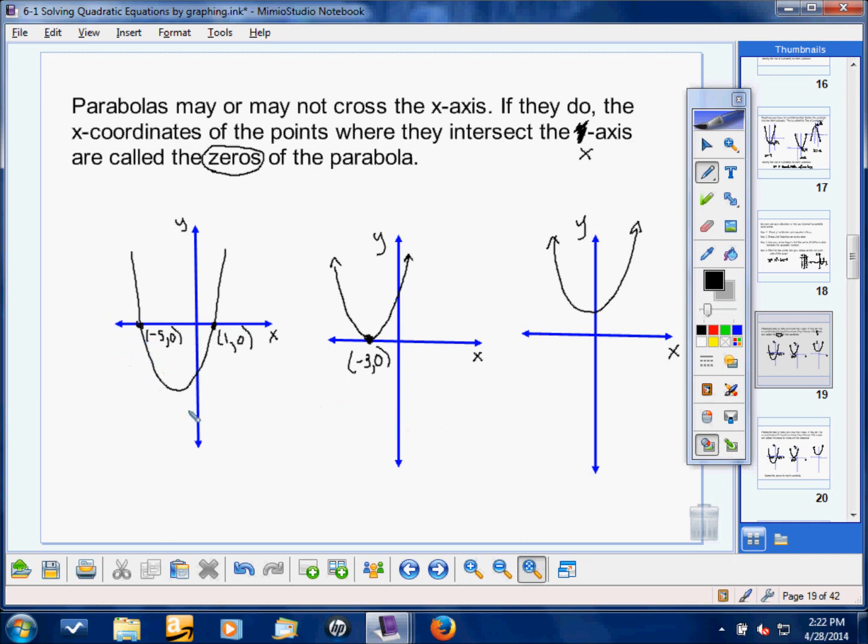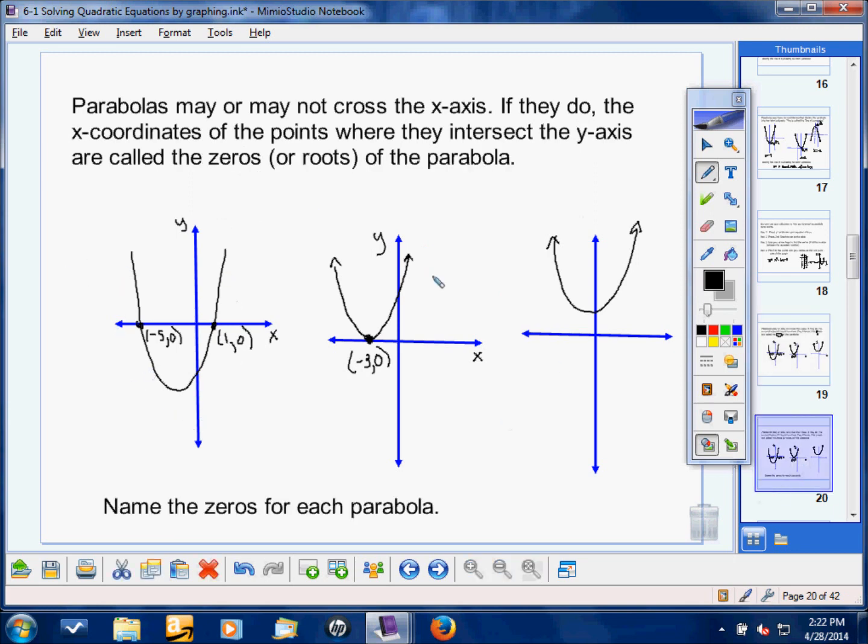All right, so notice I didn't put the vertex in these, because I'm interested in identifying the zeros or roots. There, I put the other word in. You can add that in, like a little arrow: the zeros or the roots of the parabola.